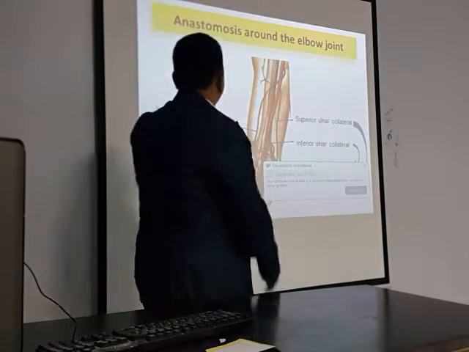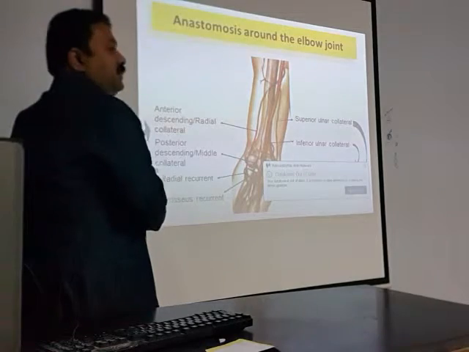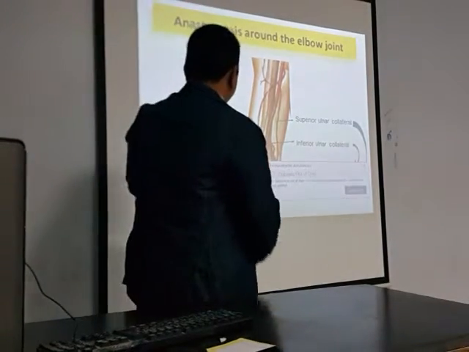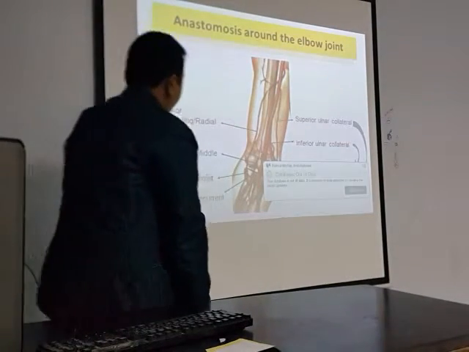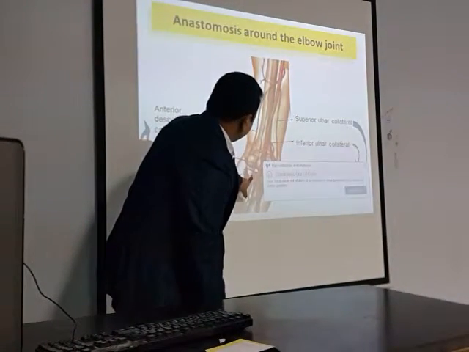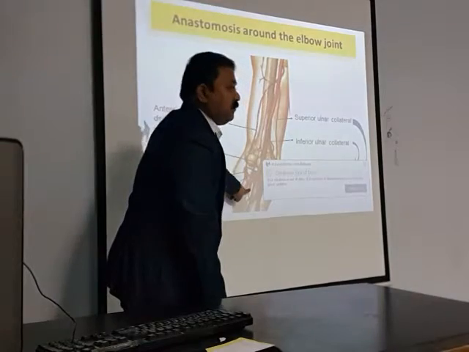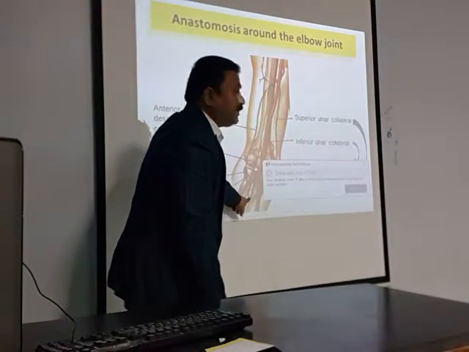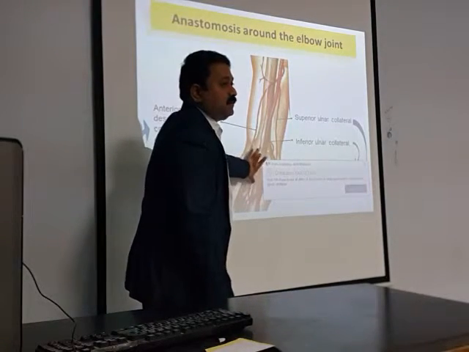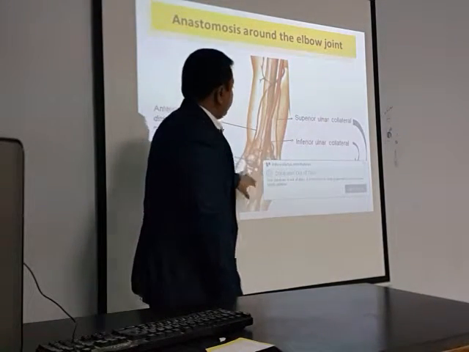Okay, it is a branch from the profunda brachii, isn't it? So it anastomoses with the interosseous recurrent here, which is a branch from the posterior interosseous artery. So it anastomoses with this.